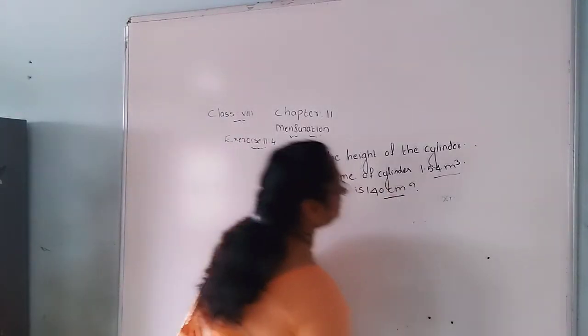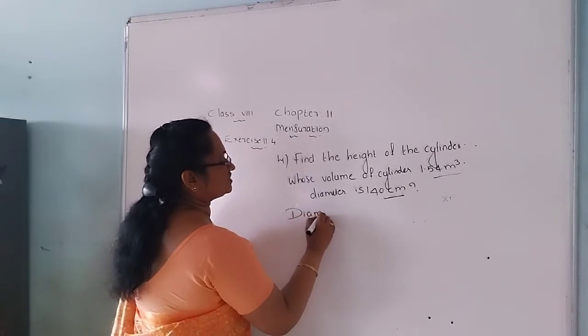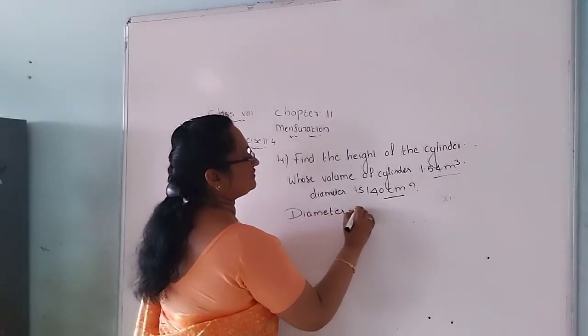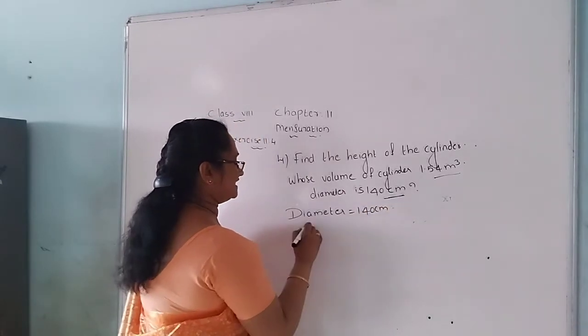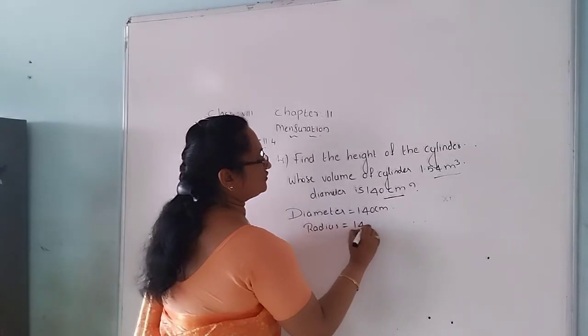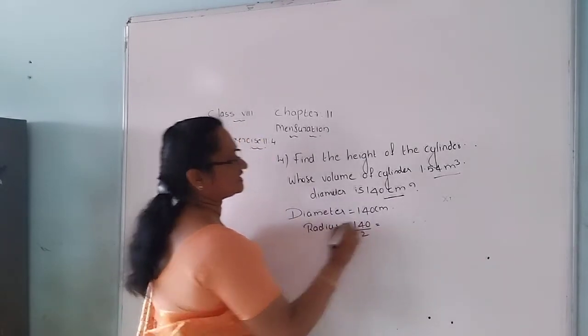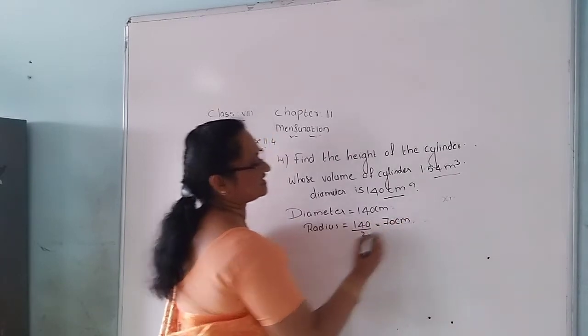So, given the hint, first, diameter is given. Diameter is equal to how much? 140 centimeter. Then radius becomes how much? Convert it to radius. Half of 140 represents the radius. Half means 70 centimeter is the radius.